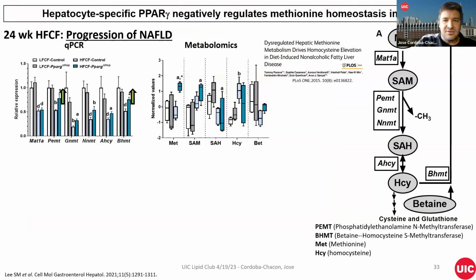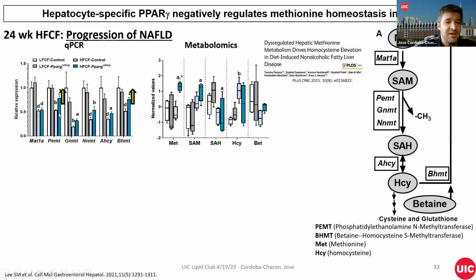So it is known that methionine metabolism is downregulated in patients and in mice with NAFLD and NASH, and that drives the increase in homocysteine. What we did is to measure the gene expression of these genes by qPCR, and we observed that all of them are downregulated in mice with NASH. These are the light blue ones.